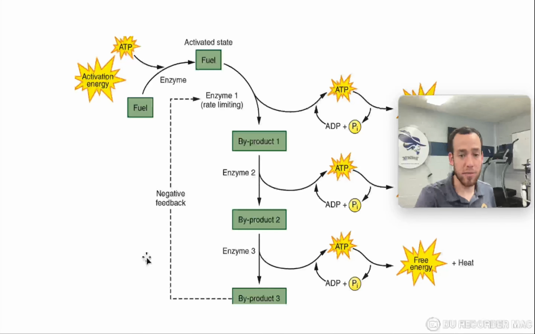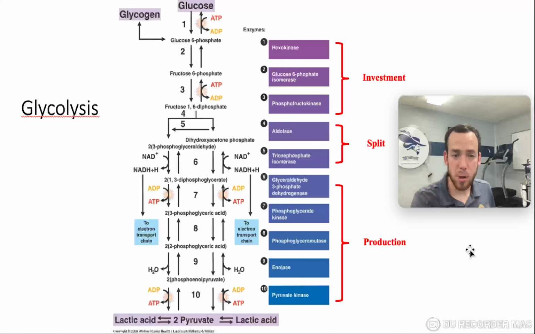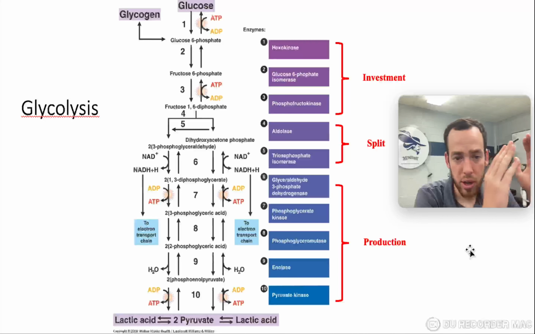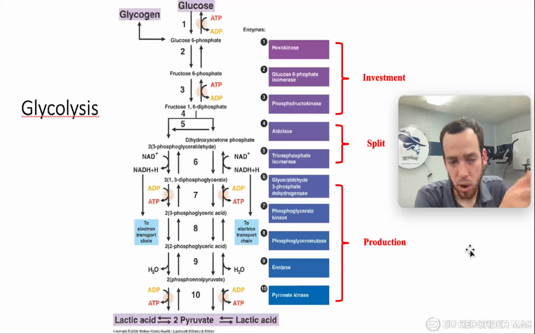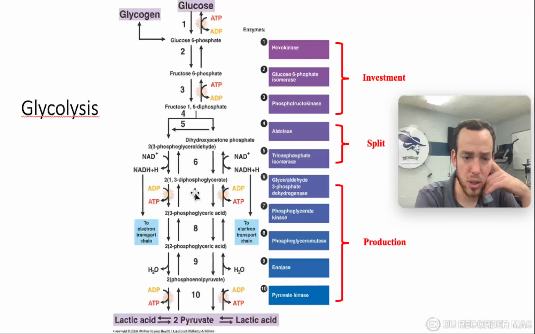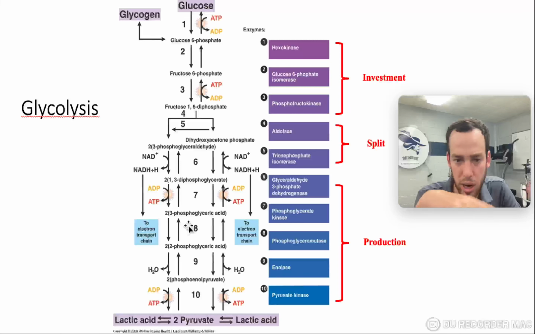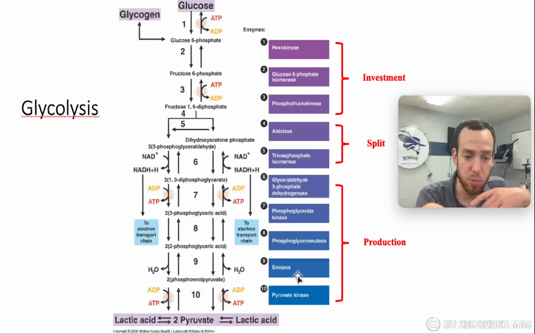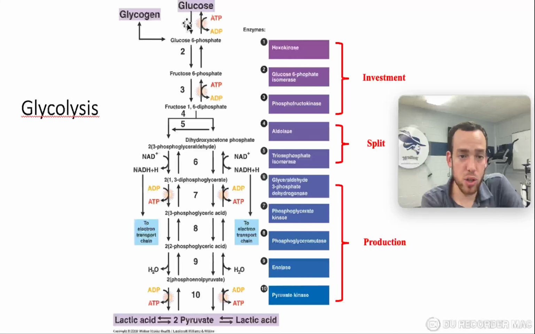So that's what we're going to see here: an investment where you invest energy in. By investing that energy in, we then see the process split at a certain point. We go down 2 of the same process, essentially, where you see the electron transport chain. Either side is doing the same thing, but we've split in 2 now. And this is where we get our actual big production of energy. So we put energy in at the beginning.